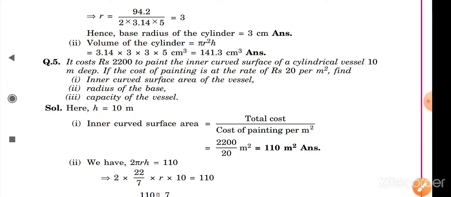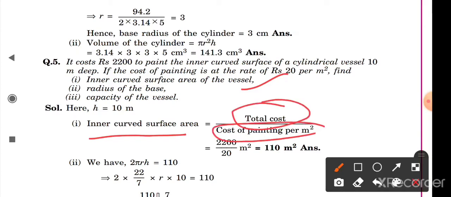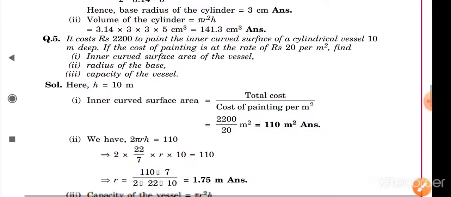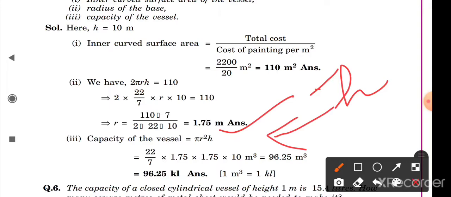For finding the curved surface area, since you are painting the inner curved surface area, you will divide the total cost by the rate of painting. So you will get 110 meter square. Now you can say that the curved surface area, that is 2 pi r h, is 110. You will substitute all the values and find out the value of r. Now you have r, and h is already given in the question, so you can easily find out the volume, which is pi r square h. You will substitute all the values and find out the answer.